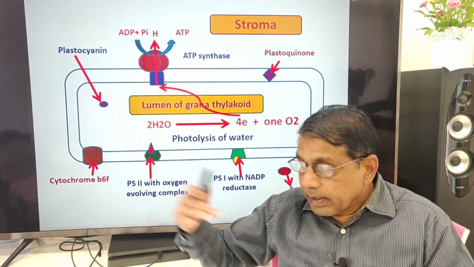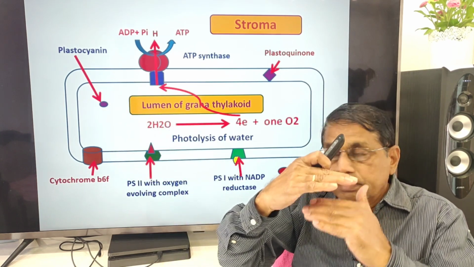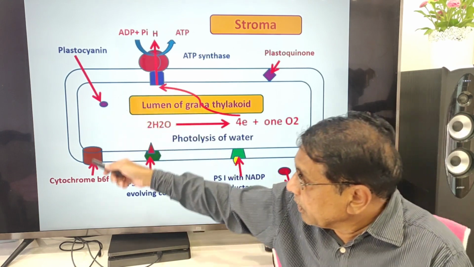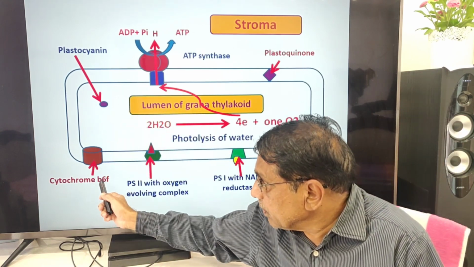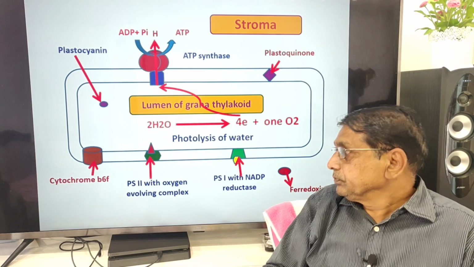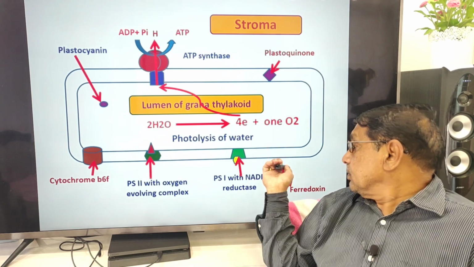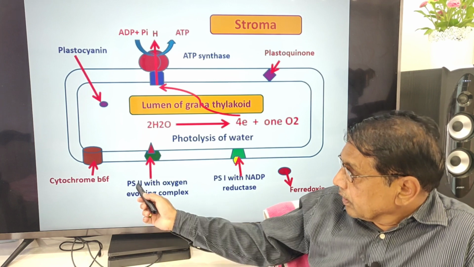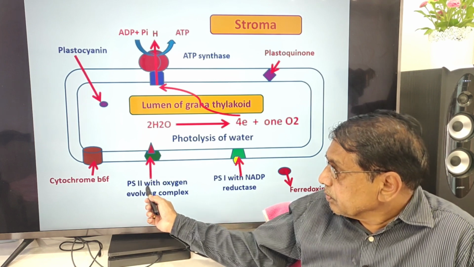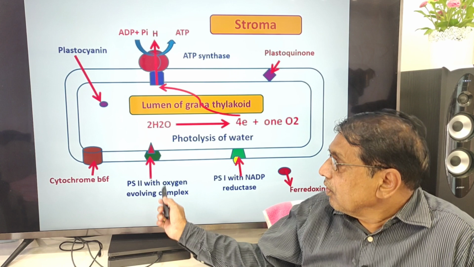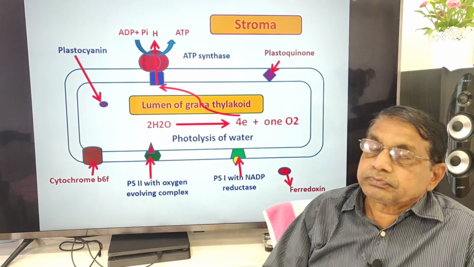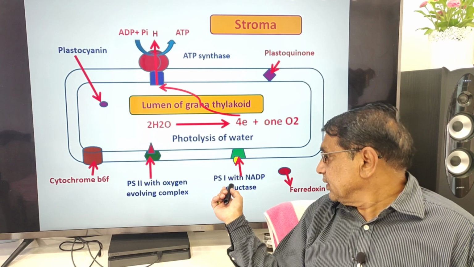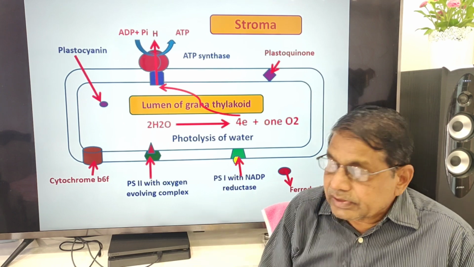Then these are the membranes, this membrane and this membrane closed. Now various molecules are present: cytochrome B6F, then in the stroma ferredoxin, and here you see photosystem 2 with oxygen evolving complex, and photosystem 1 with NADP reductase.